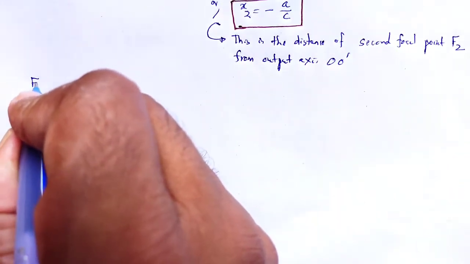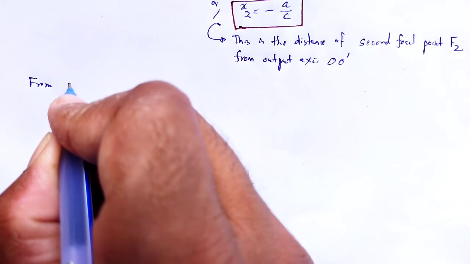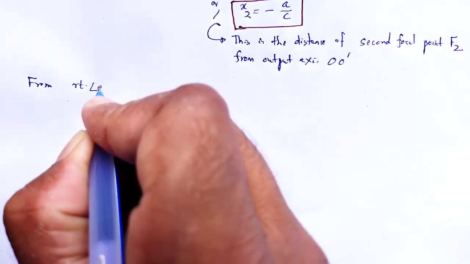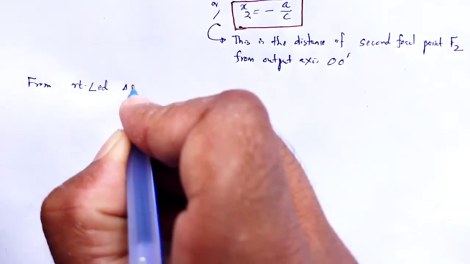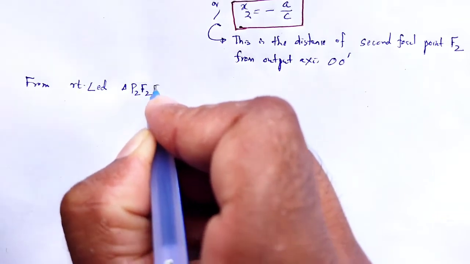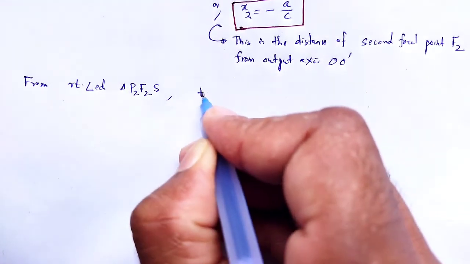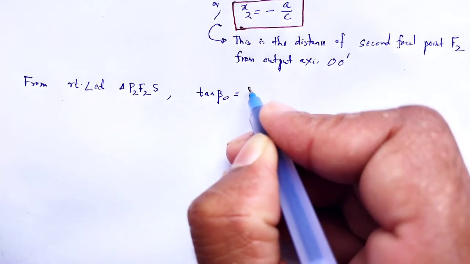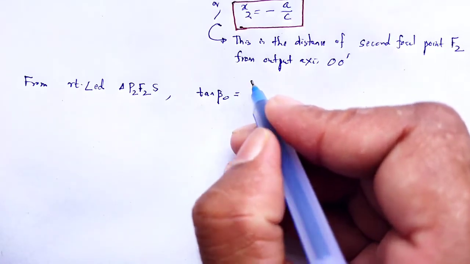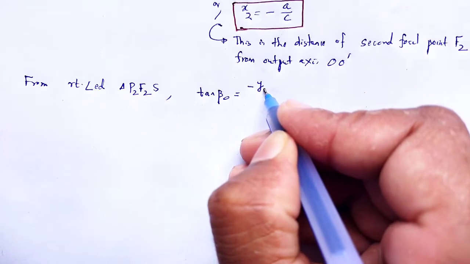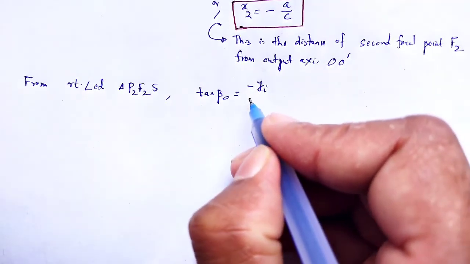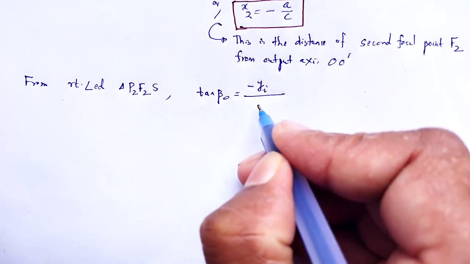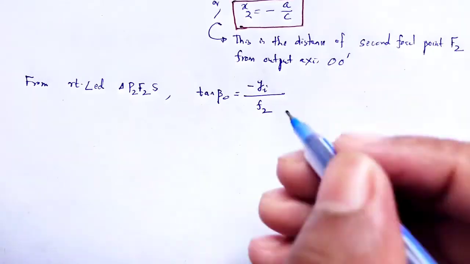From right angled triangle P2F2S, tan of beta naught is equal to minus yi divided by F2, the distance taken as negative as you take it below the optical axis, focal length taken as positive F2.